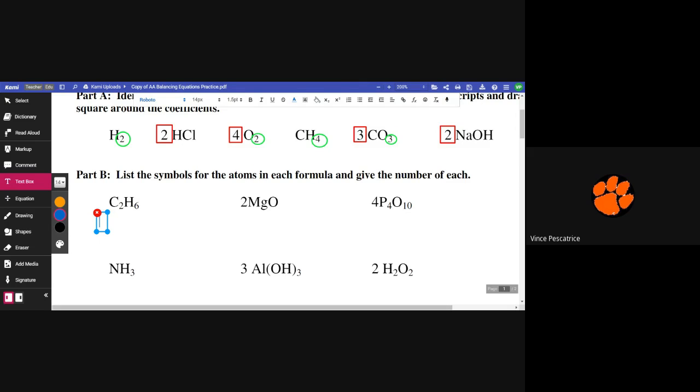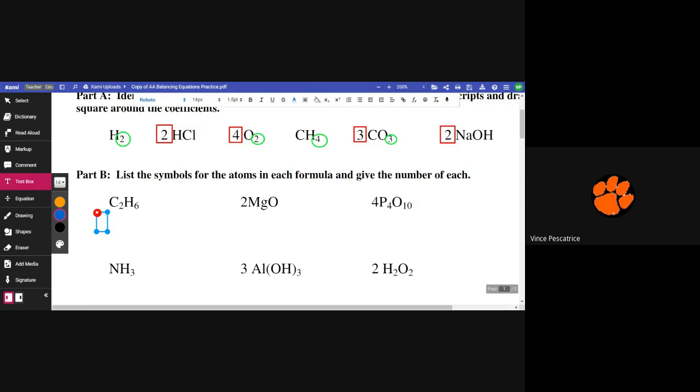All right. Where would we find what those symbols are? The periodic table. Excellent. Good job. The periodic table. So if you wanted to look it up, you could.